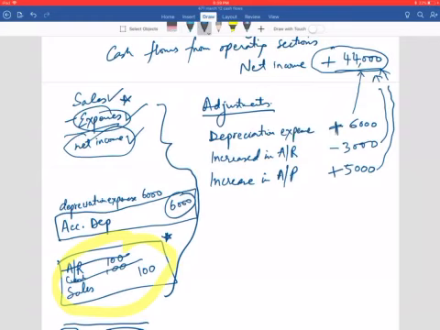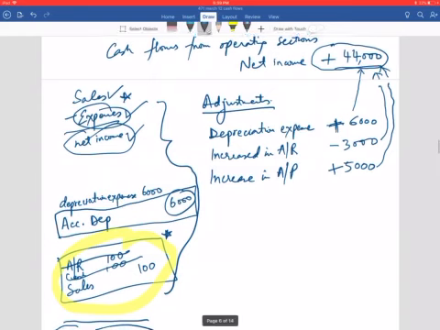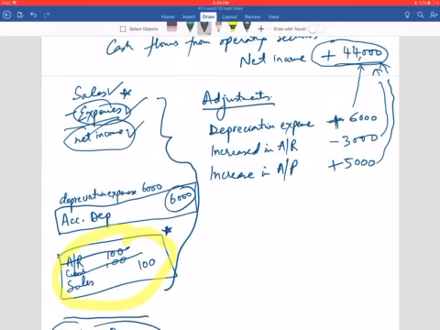So that means we got more cash. Just like depreciation, we never paid any cash for it, so we increased that. We made that adjustment. Here we are also making the same adjustment. We did not spend cash for it, so we got extra cash here.